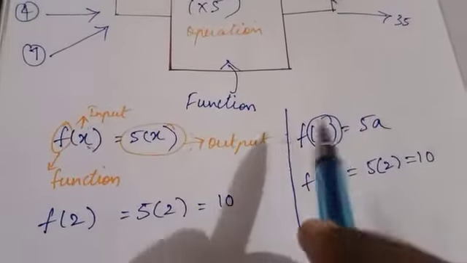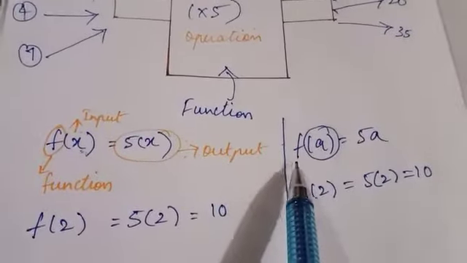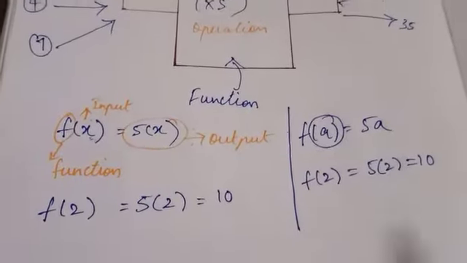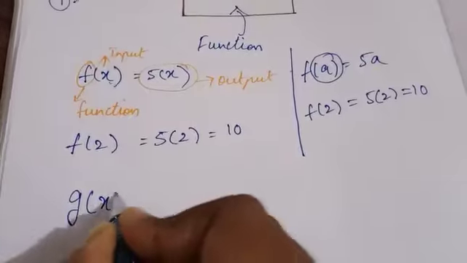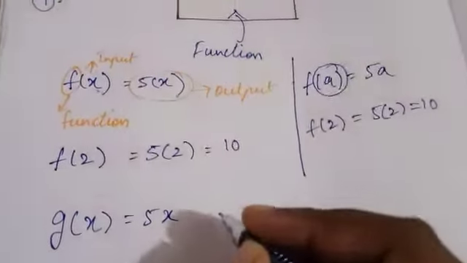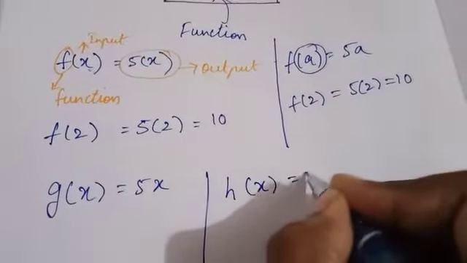Now tell me, is it necessary that a function must be f? No. It can even be g. That is, g of x is equal to 5x. Or it can even be h.